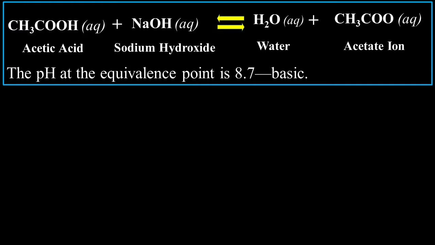Here is acetic acid plus sodium hydroxide yields water plus the acetate ion, or ethanoate. The pH of the equivalence point is 8.7, and that is basic. You can see that it's not 7. It would be 7 if it were a sodium chloride salt.